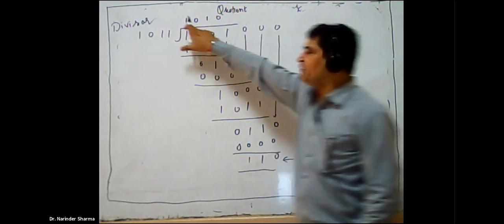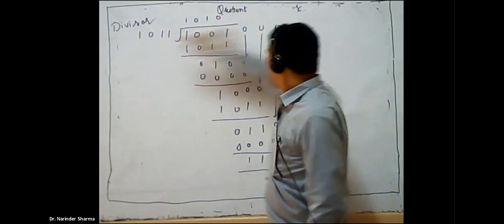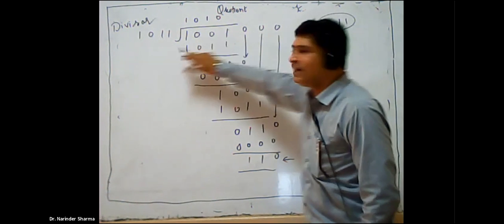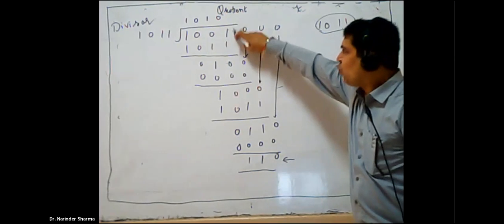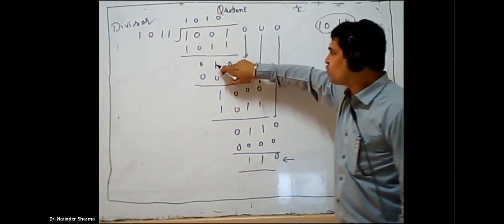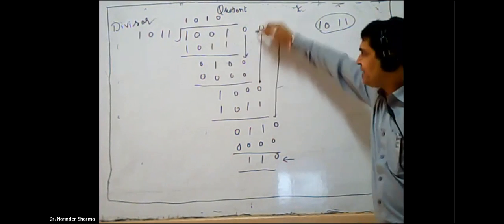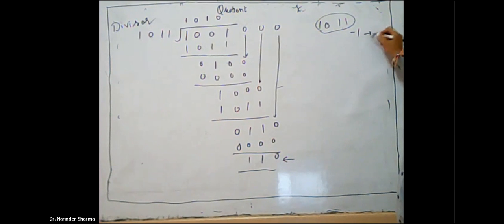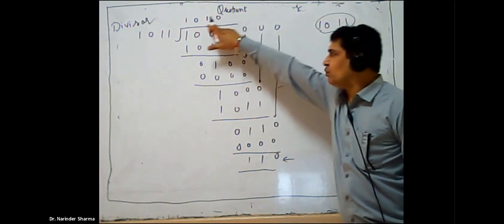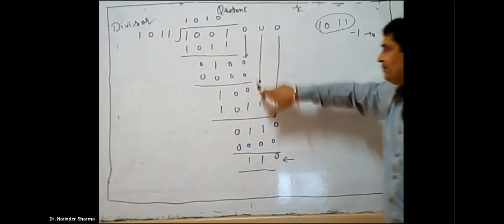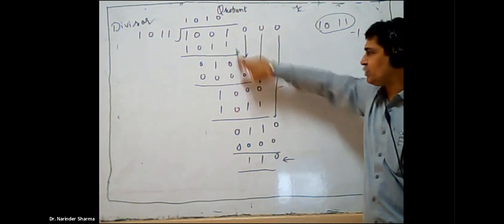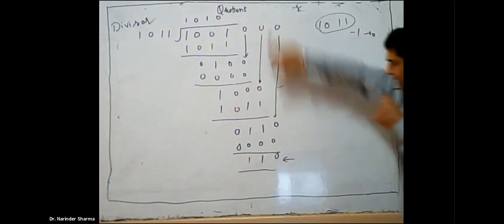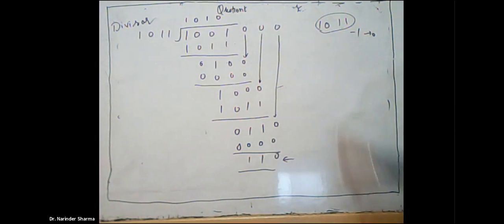First of all, it is 1, so 1011 would remain the same. 1 minus 1 is 0, 0 minus 1 is 1, and here you can append the 0. First time with 1, next time with 0. You should multiply with 0. That would be the same. It would be 0 minus 0 is 0, 0 minus 0 is 0, 1 minus 0 is 1, and this 0 has to be appended.